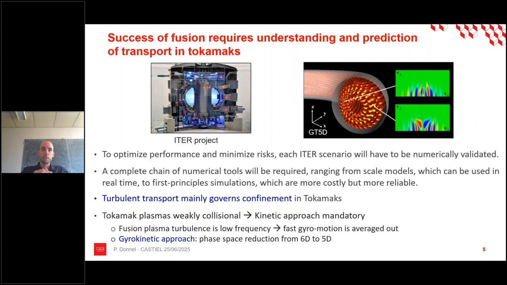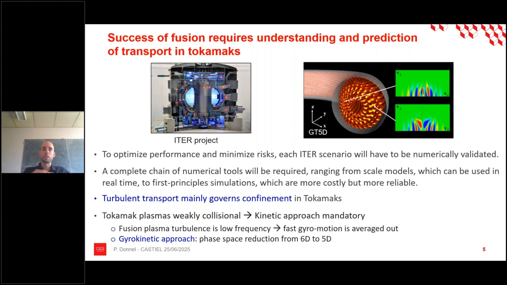Fortunately for us, the turbulence is at relatively low frequency compared to the gyro motion of electrons and ions. And so we can do what we call the gyro average of these fast scales.